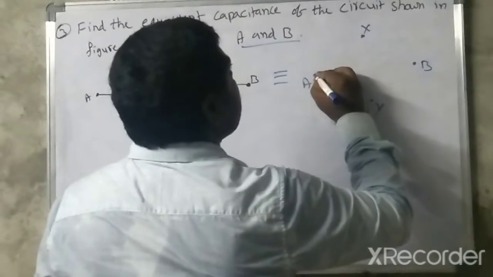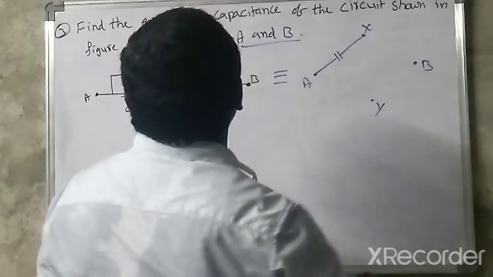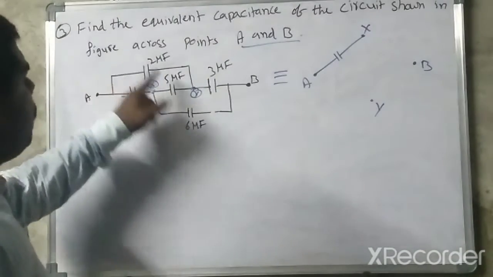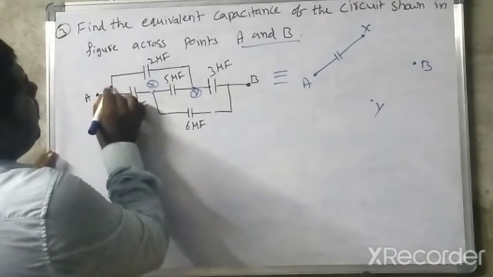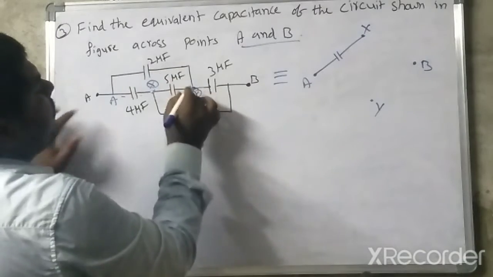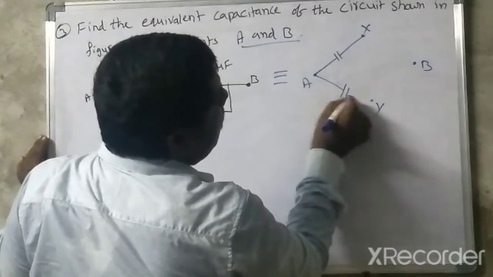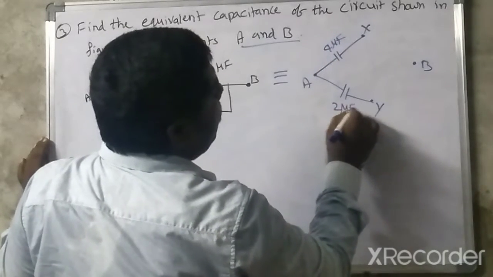So A to X one capacitor there, and A to Y one more capacitor there. So here the 4 microfarad, here the 2 microfarad.